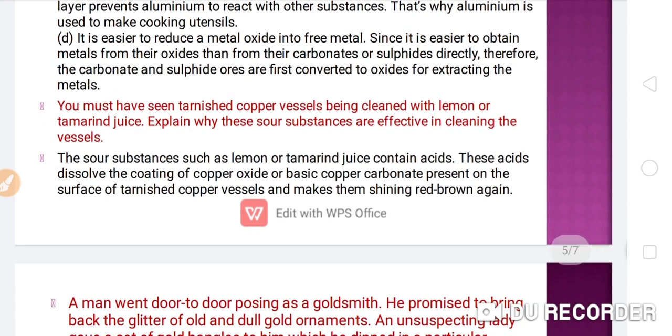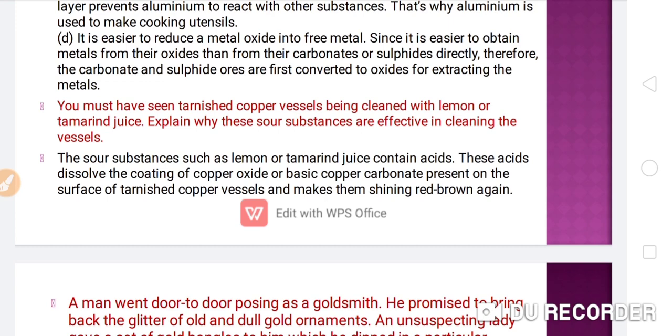You must have seen tarnished copper vessels being cleaned with lemon or tamarind juice. Explain why these sour substances are effective in cleaning the vessels. So the answer is, sour substances such as lemon or tamarind juice contain acids.